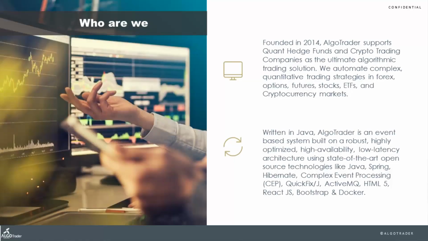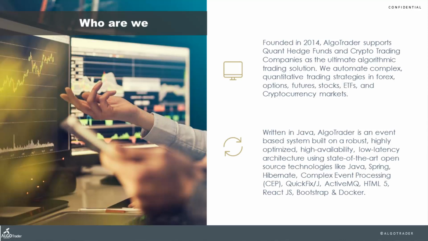It's a Java-based product. It's an event-based system and has quite a modern stack using Java, Spring, Hibernate. We have ActiveMQ. We have a HTML5 based UI using React and Node.